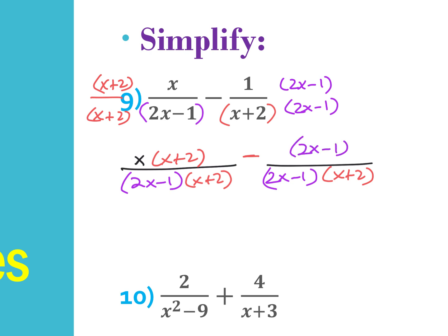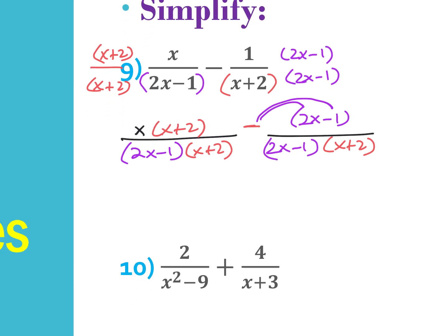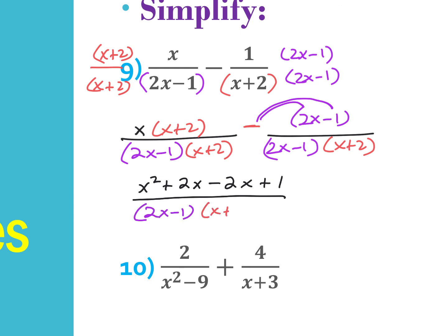Now be careful here because again, remember this is subtracting. So this subtraction sign needs to distribute to both terms. So let's go ahead and distribute the top of the first one. So that'll become x squared plus 2x, and then I distribute the subtraction sign. And then it's over the same denominator, 2x minus 1, x plus 2.